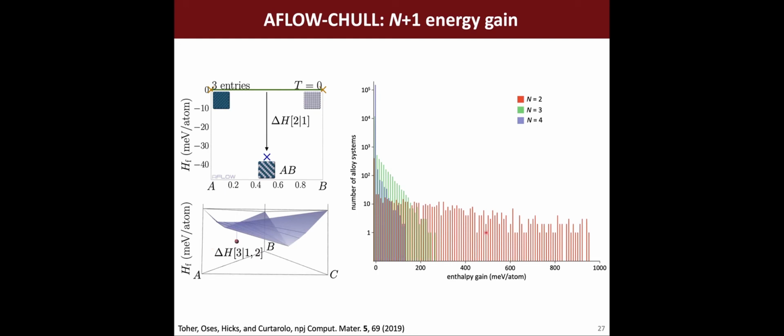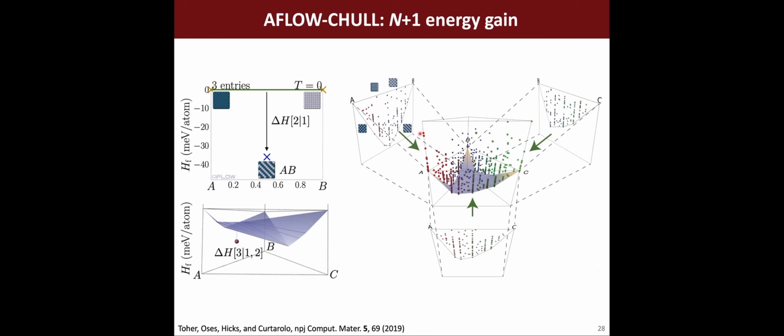And so what you see here is that if we do this analysis for 2 dimensions, 3 dimensions, 4 dimensions, what do you see? Well, you see that the enthalpy gain decreases. So here we have a histogram of all the possible enthalpy gains that we can get for our systems. We see that the enthalpy gain decreases with increasing dimensionality, and that there are fewer systems that show any enthalpy gain.